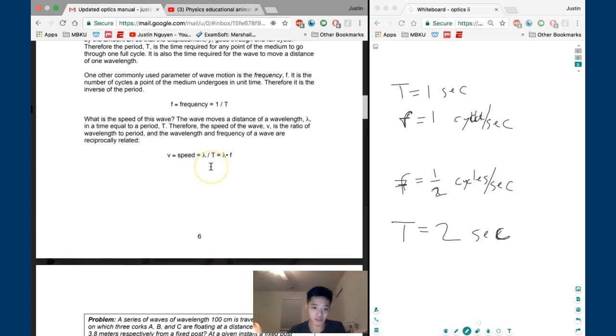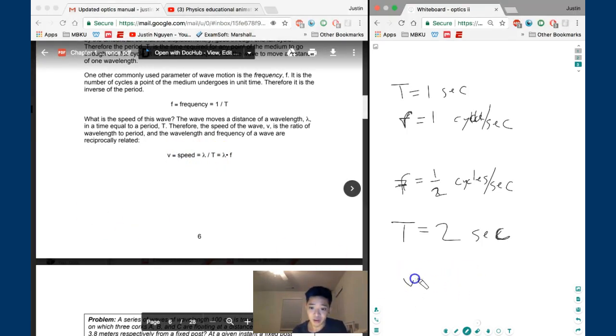A moving object has speed, so can light. That equation is V equals wavelength over big T, or V equals wavelength times frequency. They're the same thing because once again, period, big T, is the reciprocal of F.